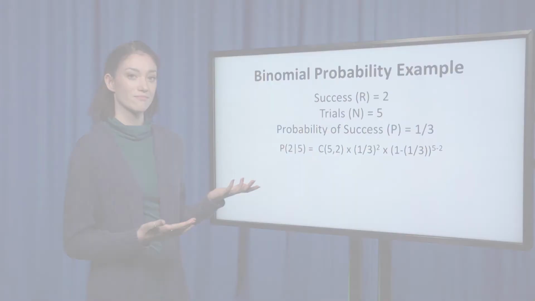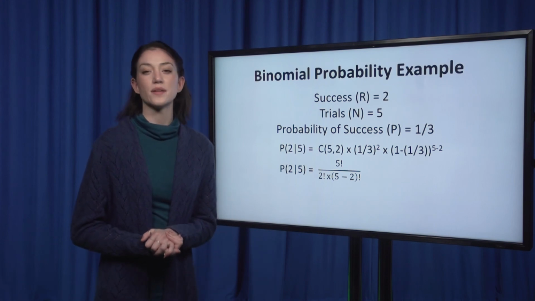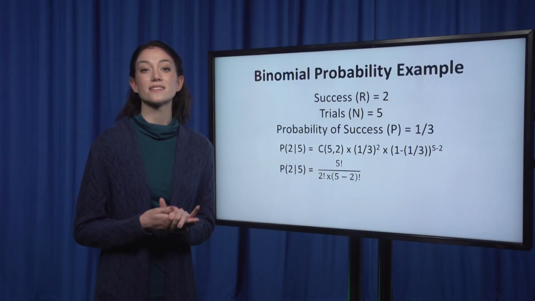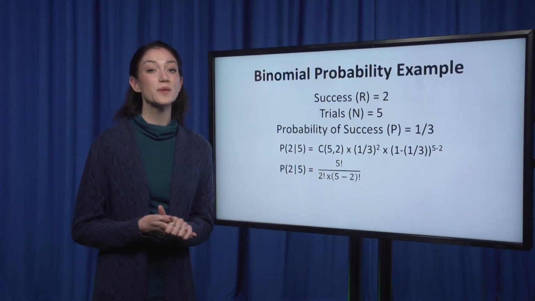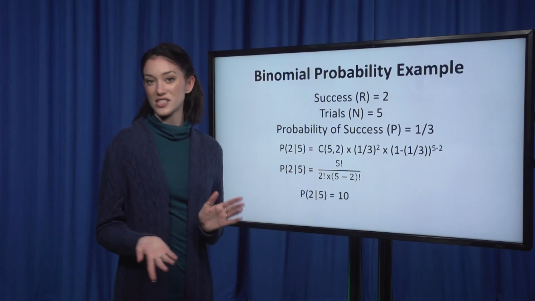The number of combinations is 5 factorial divided by 2 factorial times 3 factorial, which equals 5 times 4 times 3 times 2 times 1 divided by 2 times 1 times 3 times 2 times 1, which equals 120 divided by 12, which is 10.